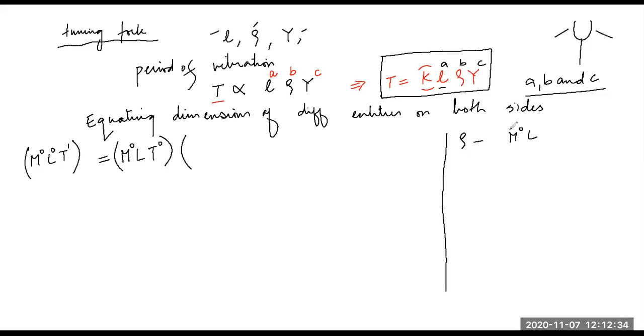Density is mass by volume. Mass is M and volume is L cubed. So it will be M L minus 3. Am I right?